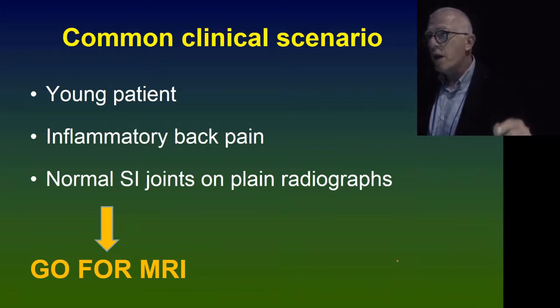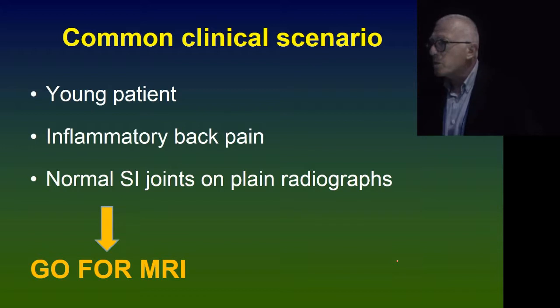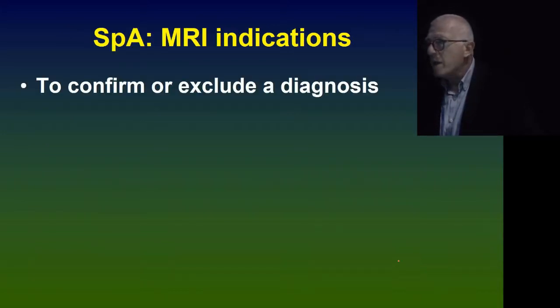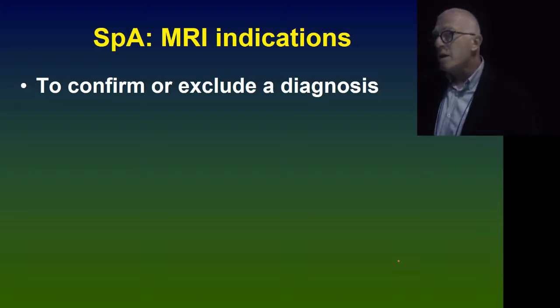We have to go for an early diagnosis of axial spondyloarthropathy because in these patients, the current treatment is going to be efficient. So the indications for MRI are to include or exclude the diagnosis. If we don't see bone marrow edema, the clinician might be wrong.